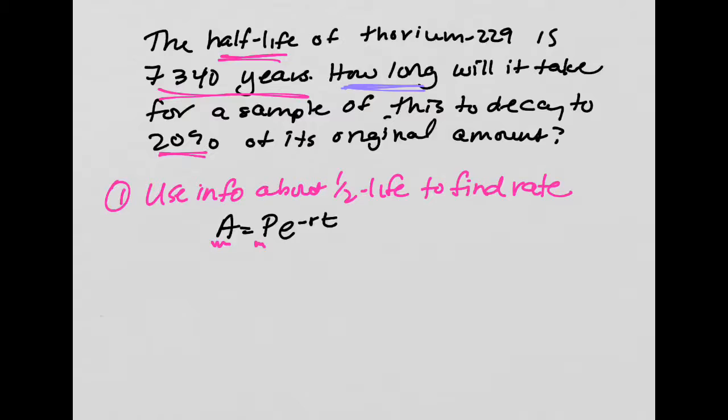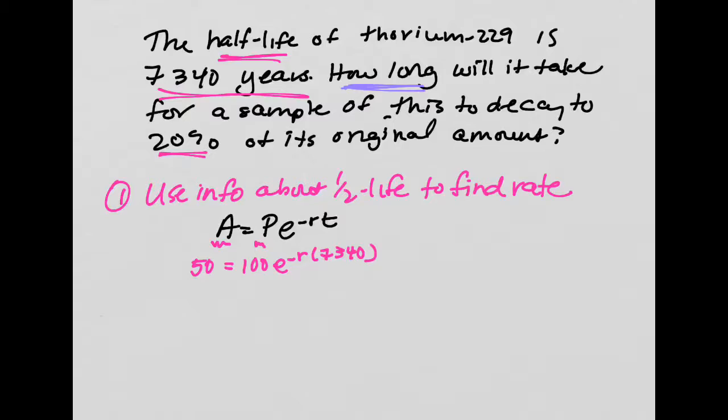If you're not comfortable with just going straight to 1/2 equals e to the negative rt, then you can substitute any two numbers in there, but it's really easy to substitute 50 and 100. Because the 100 tells me how much I'm starting with, and if it's a half-life, then I'm going to reduce it by half. I'm going to go down to 50, and I'm going to do that in 7,340 years.